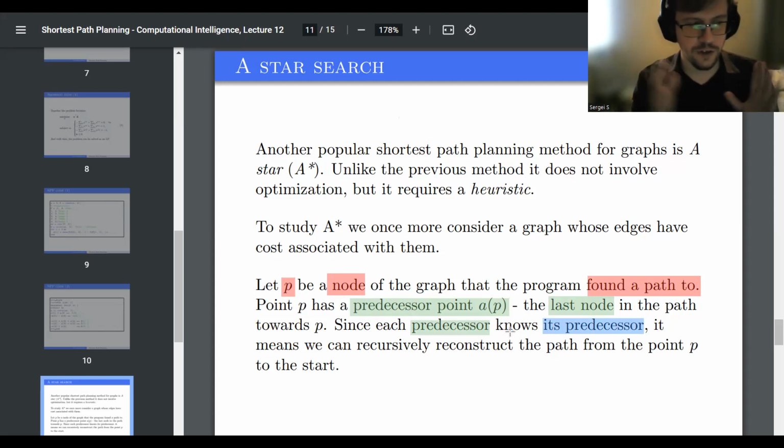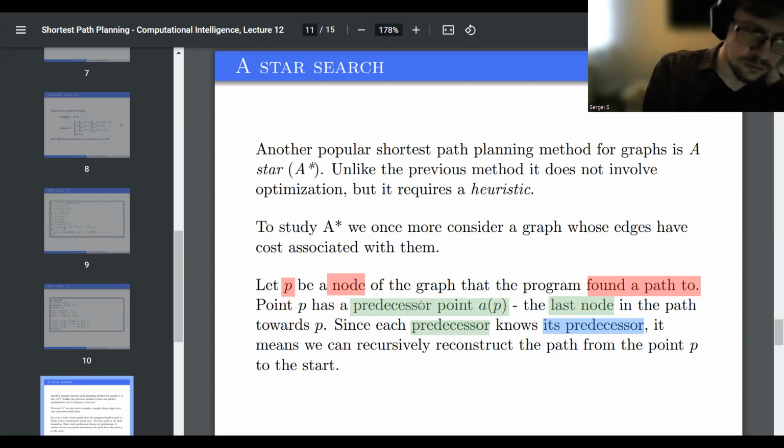So we have P, and to reconstruct the path, we just ask P, what is your previous node? It tells us. We go to that previous node, we ask it what is its previous node. It tells us, and we go towards the start. Of course, if we found a loop, we could be endlessly in the loop, but that's not going to happen because we constructed them from the start. So loops are not going to happen here.